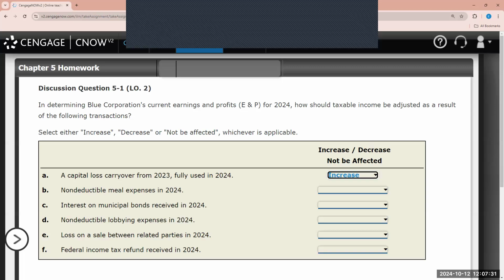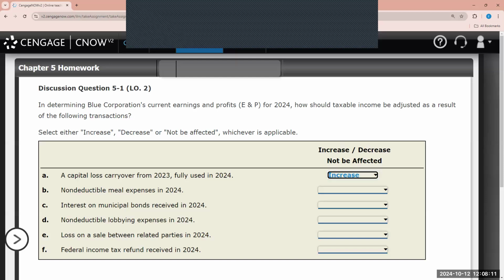B, we have non-deductible meal expenses in 2024. In 2023 and 2024, 100% of business meals are deductible in the calculation of taxable income. However, before 2023 and after 2024, the general rule is that only 50% of business meals are deductible in order to calculate taxable income. But for the purposes of calculating E&P, the non-deductible 50% portion of business meals is a negative adjustment to taxable income.